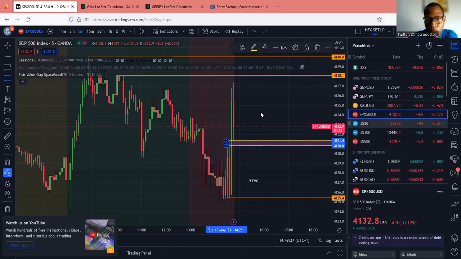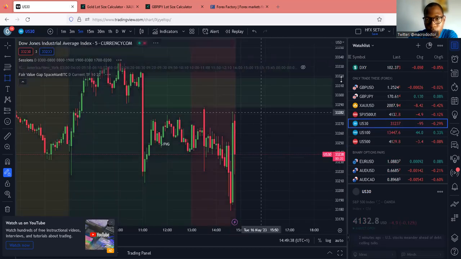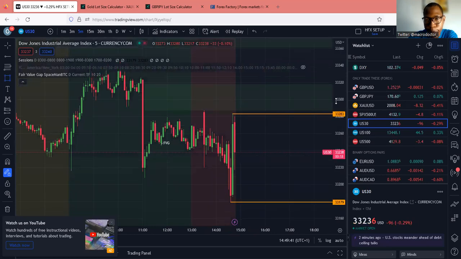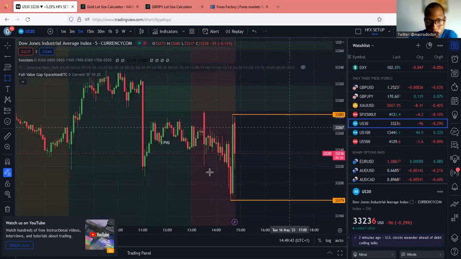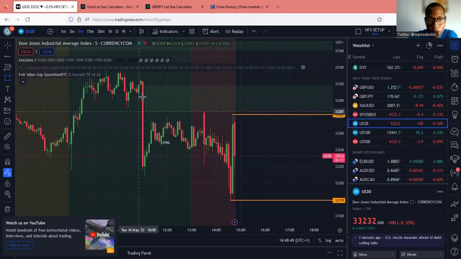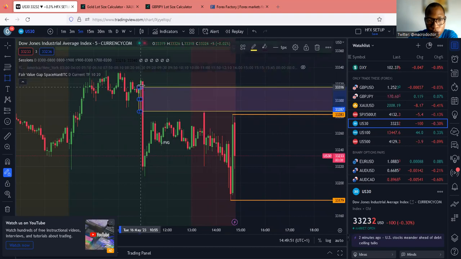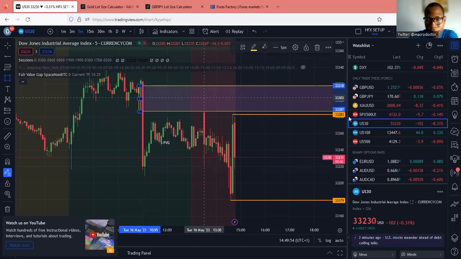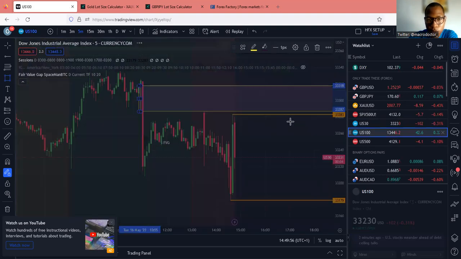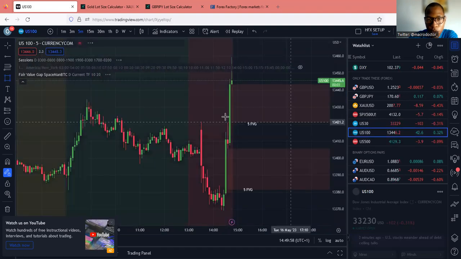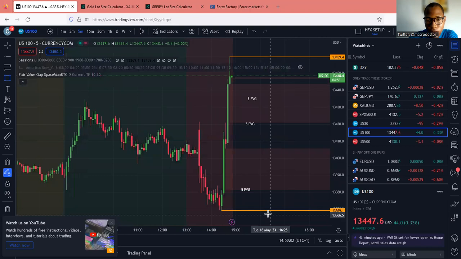This one here. Okay, there's none on the US 30. This is the closest fair value gap here on the US 30. This one, let me see if there's anything there.